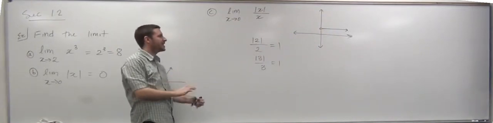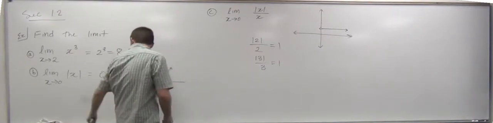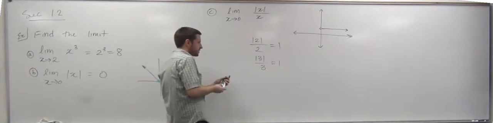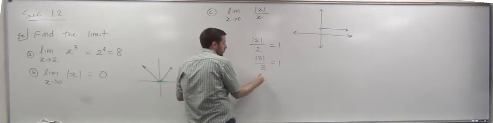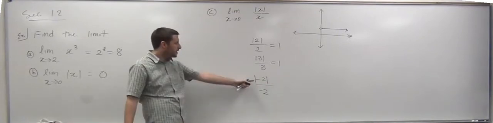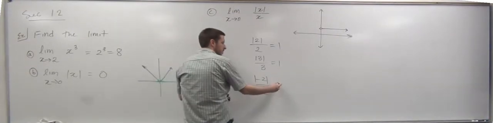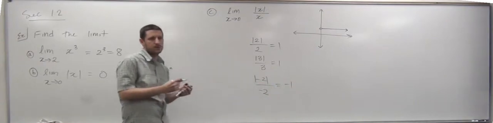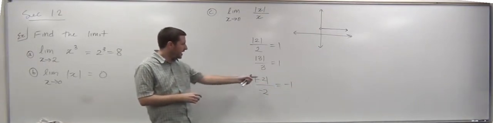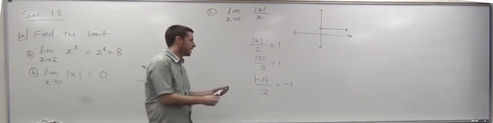What happens with negative x values? As soon as you put in a negative x value, say -2, the absolute value over -2, the numerator becomes positive but the denominator stays negative. So it's -1. No matter which negative number you plug in, you're going to get out -1.